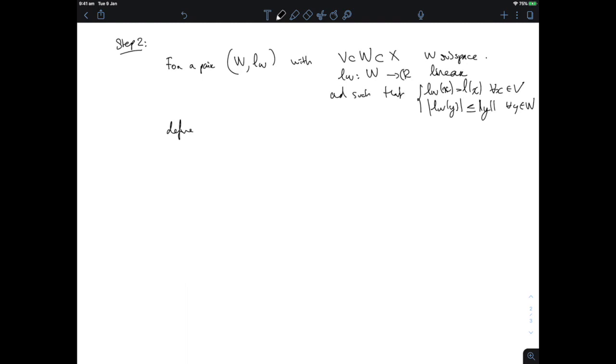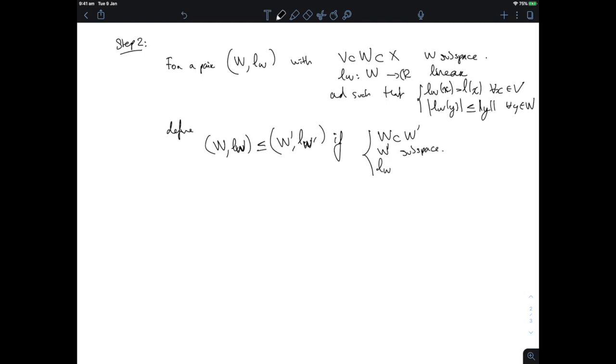And so given such an extension, I'm going to define a partial order relation that says that this extension W, LW is smaller than another extension W prime, LW prime, provided that two things happen. First of all, W prime is a larger subspace than W, so it still has to be a subspace for it to be a pair in the sense that I defined before.